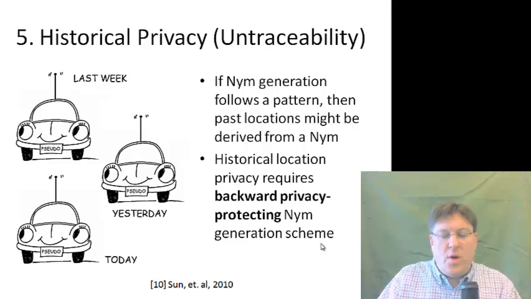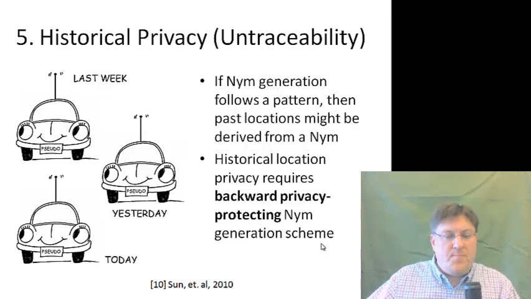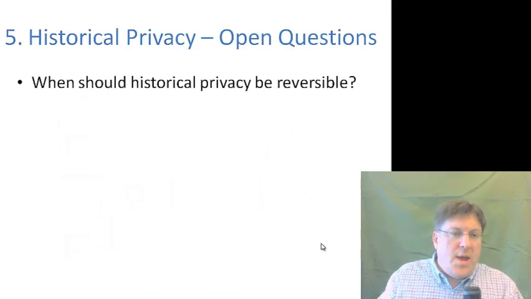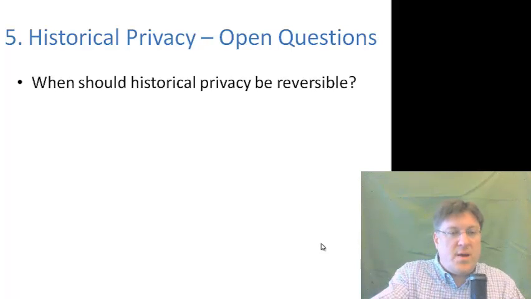So if you know one of the pseudonyms, you can find the past pseudonyms. Historical location privacy would ensure backward privacy protection so that you can't do that. Just because you know yesterday's pseudonym doesn't mean you can know last week's pseudonym. And the question, of course, is when should people be allowed to trace back? What should be the authority mechanism involved?